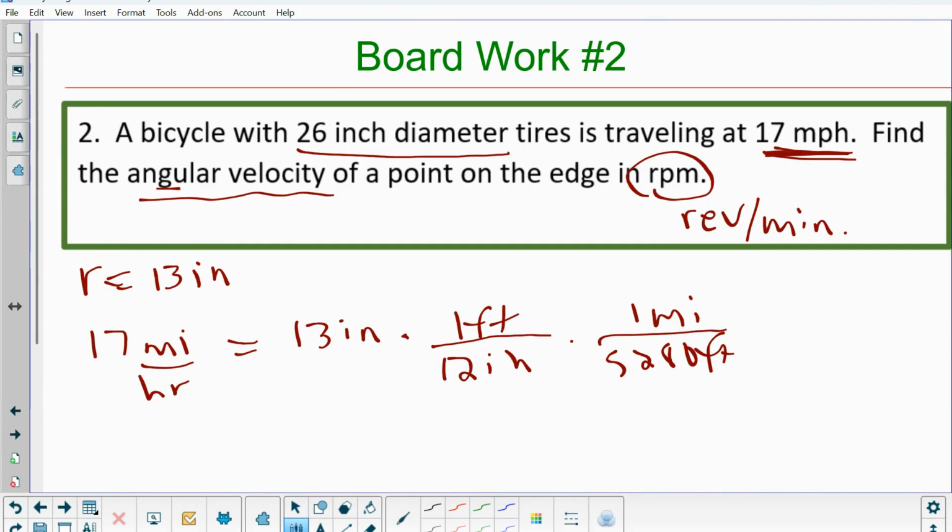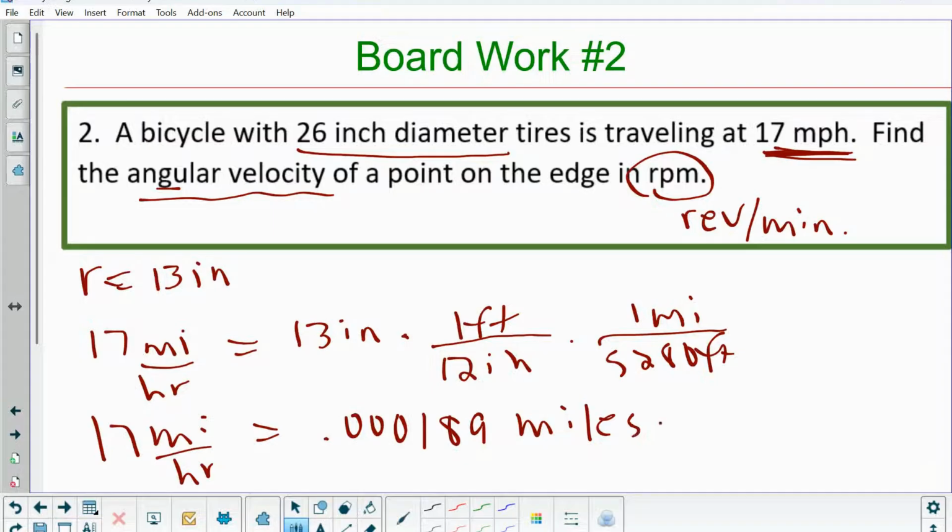So 13 divided by 12 times 5,280. And I'll write the decimal up here, but I'm just going to leave it in my calculator because it's really small. So 0.000189 is my decimal, and this is in miles. This is just miles, right?